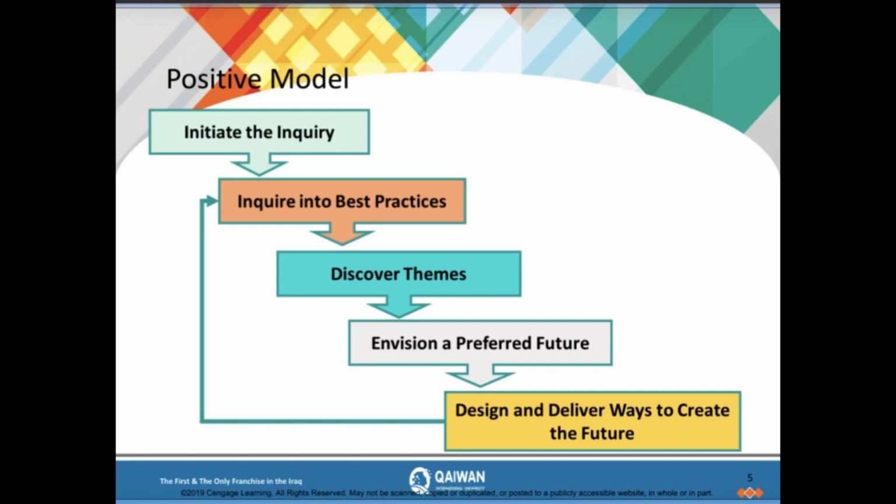In most cases organizations ask what is wrong and try to fix it, but in the positive model we ask a different question: what is working well and how can we build on it?